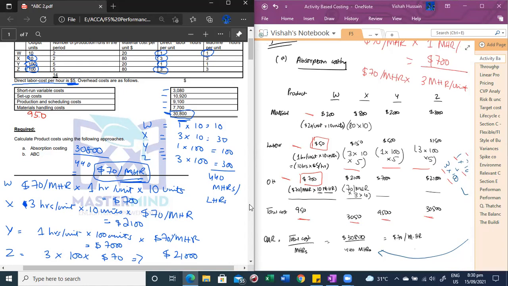So I'm doing it over here in red. For W, our total cost was 950 divided by 10, so $95 becomes your cost per unit. Similarly, for X, 3050 divided by 10, so $305 becomes your cost per unit.